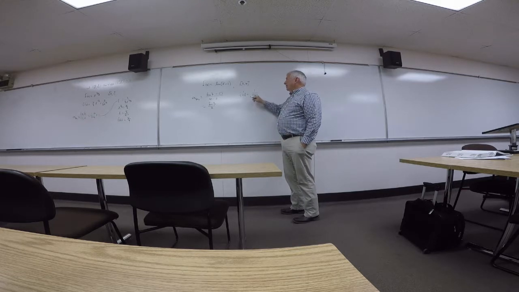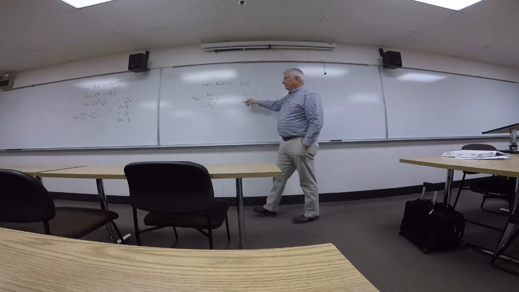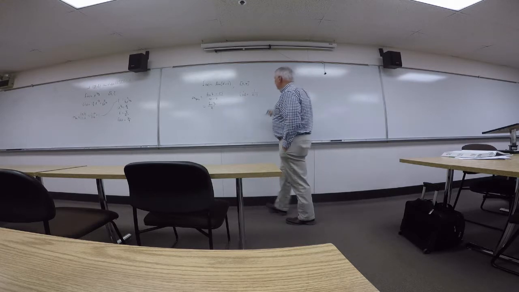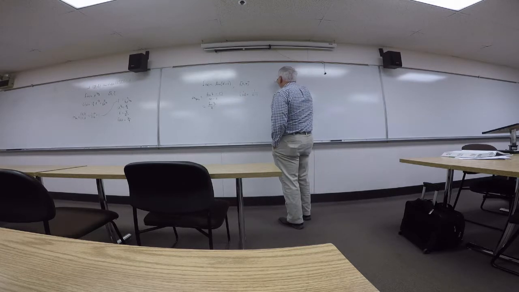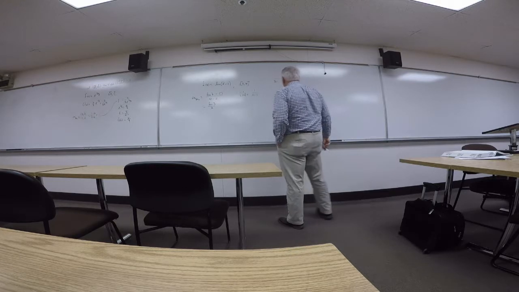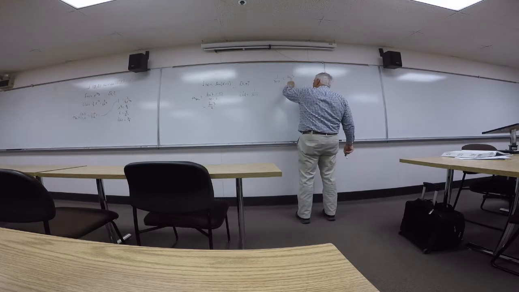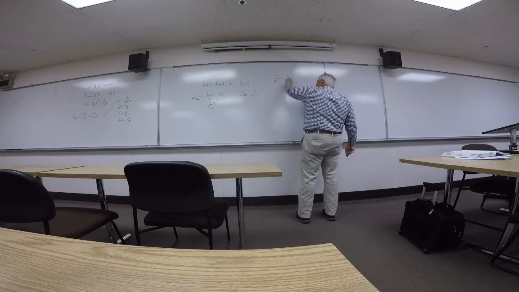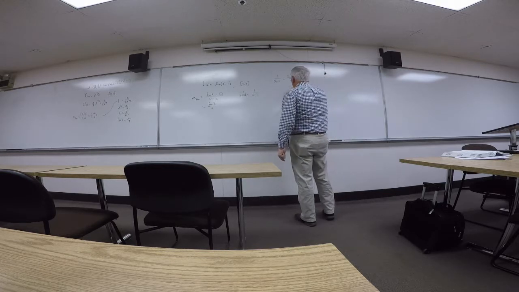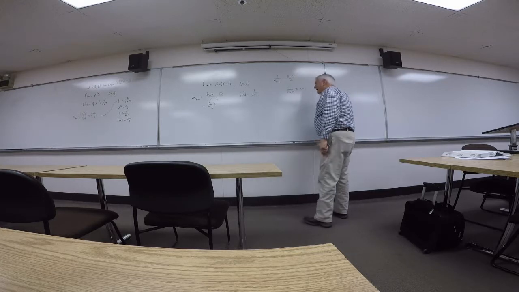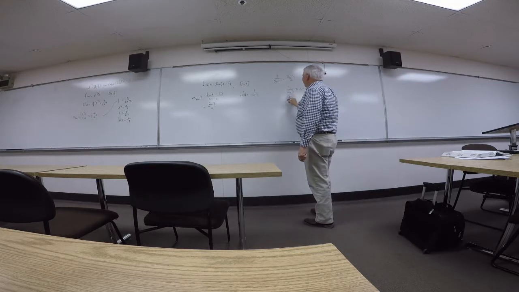And I want to find the value of x that is equal to that. 1 over x minus 1 is equal to natural log 3 over 2. Multiply by 2, multiply by x minus 1, or divide by, we'll get there. 2 over natural log of 3 is equal to x minus 1. Add 1, 2 over natural log of 3 plus 1 is equal to x.